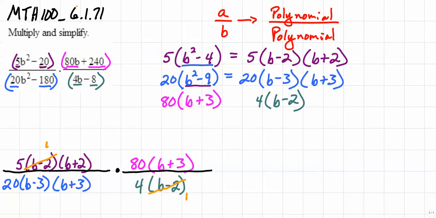Once again, I'm going to look at b plus 3 here and b plus 3 here. Notice that they divide out, and I'm left with 1s in both the numerator and the denominator where the b plus 3 originally existed. I can't do anything else with the variable expression part, so now I'm going to go ahead and look at the numbers.